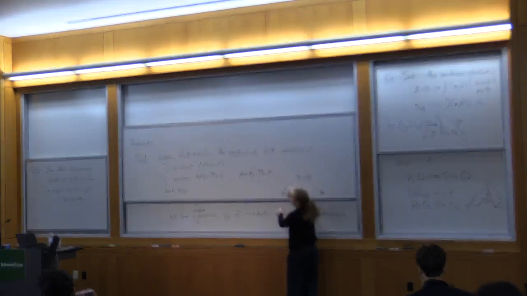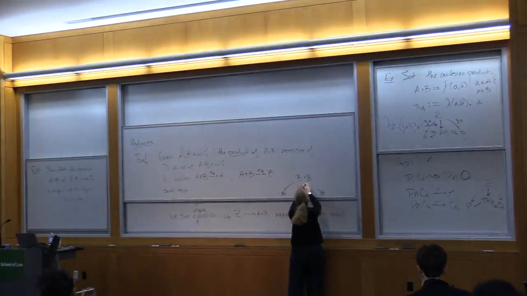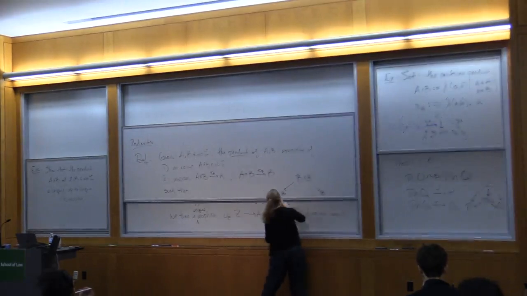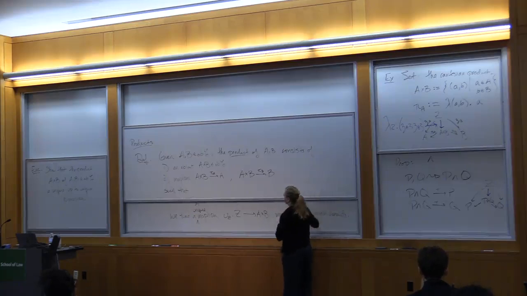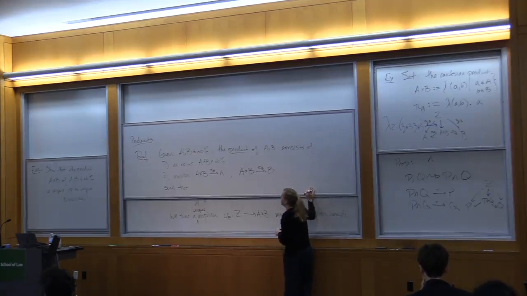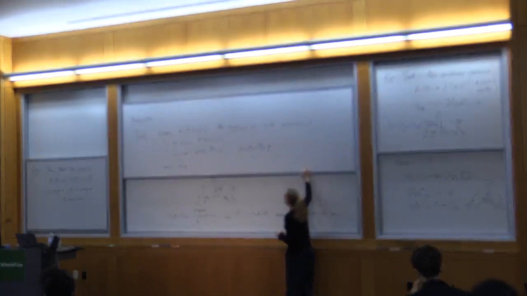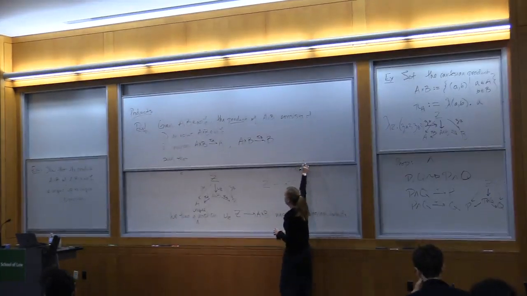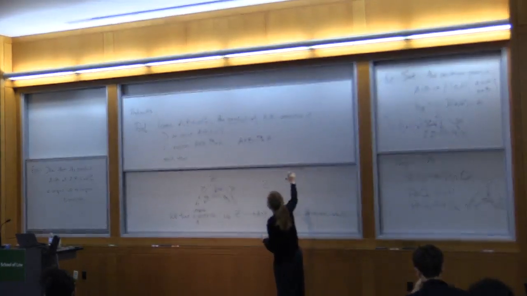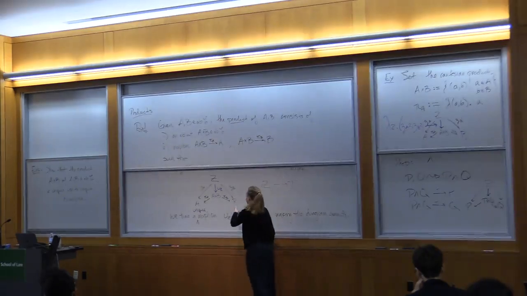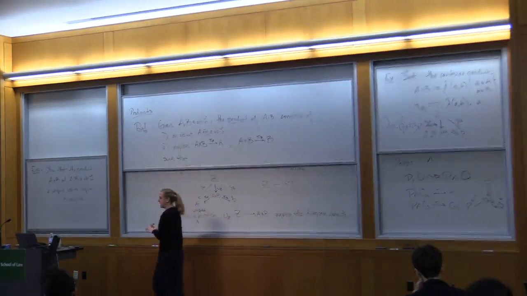But there are definitely more maps from the 4-element set to the 2-element set. Yeah, I guess there's 16 maps from the 4-element set to this one. Okay. So right, here's an exercise: show that products are unique.